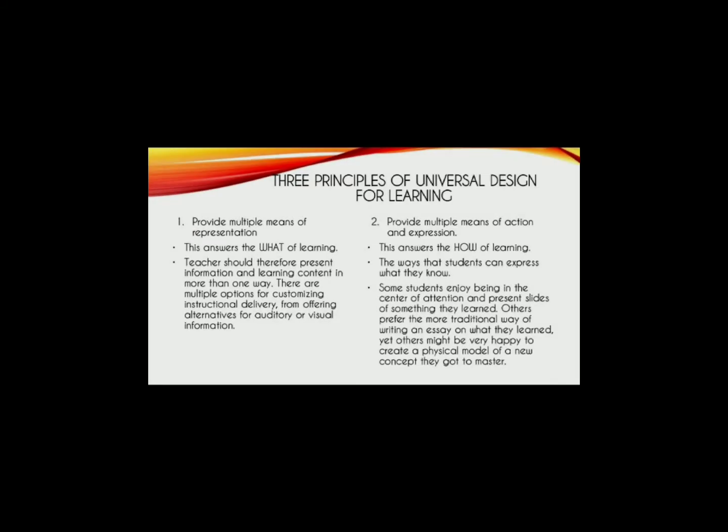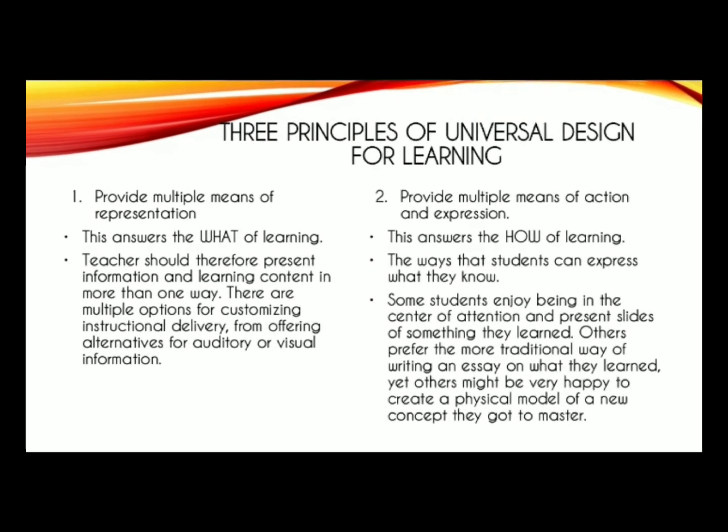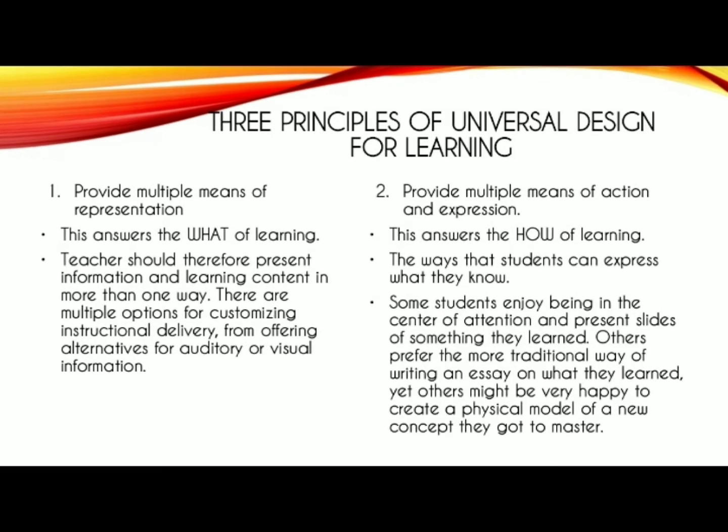So, universal design for learning has three principles. First, it provides multiple means of representation. This answers the what of learning. Teachers should present information and learning content in more than one way, meaning different ways.